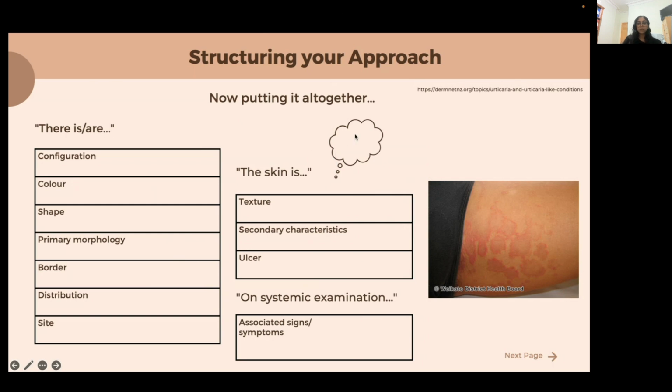We'll do maybe one more. So we'll do this one. What words would you use to describe these lesions?